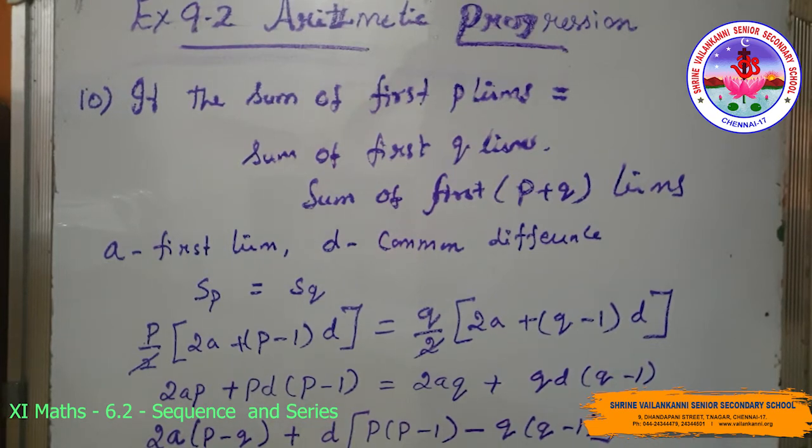So P square minus Q square is P minus Q into P plus Q, using the identity.